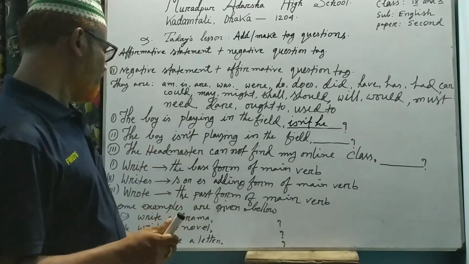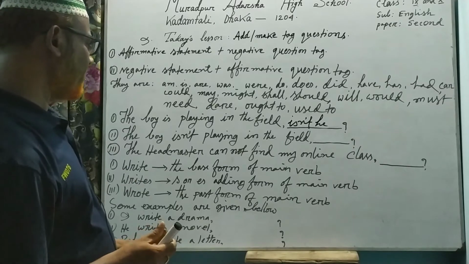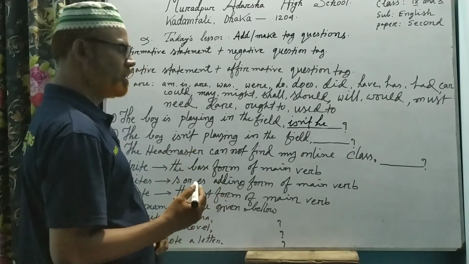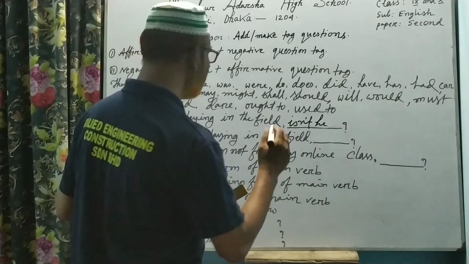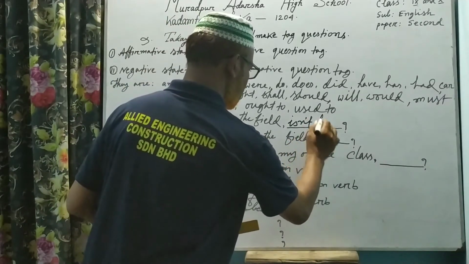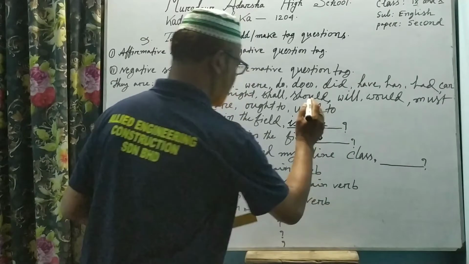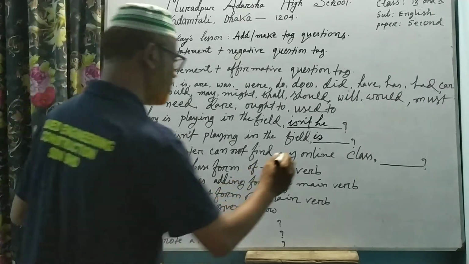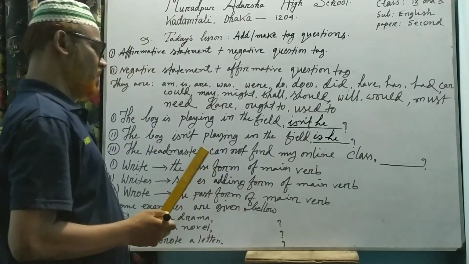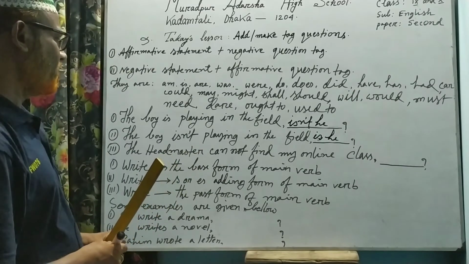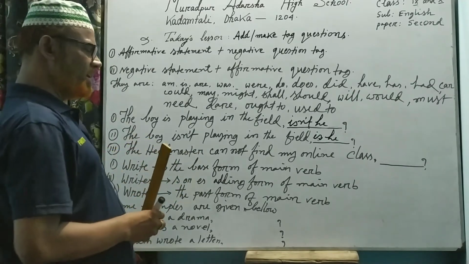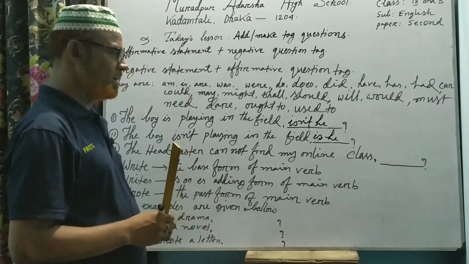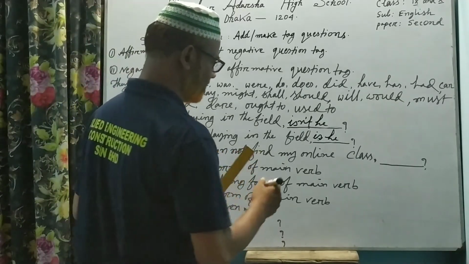So the rules of making tag: positive operator is will sit in the tag question, and then the pronoun he will sit instead of noun boy, and then question mark will sit at the end of the tag question.